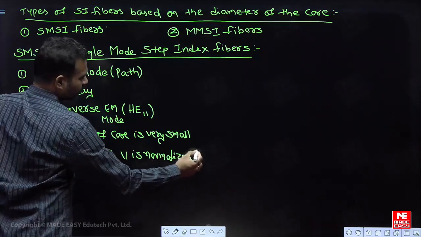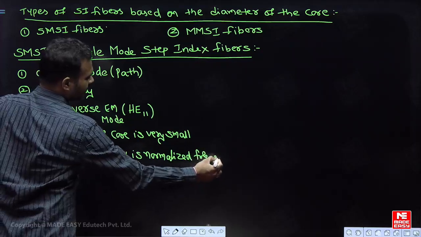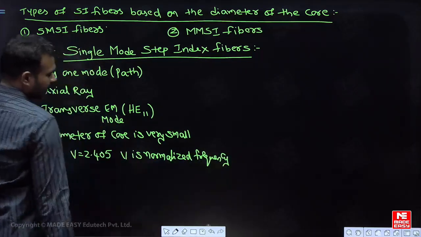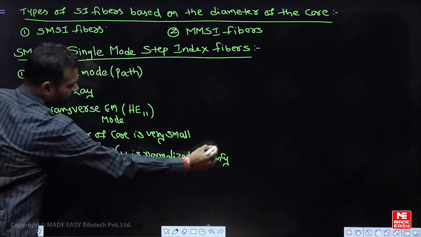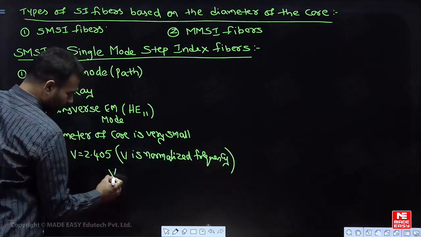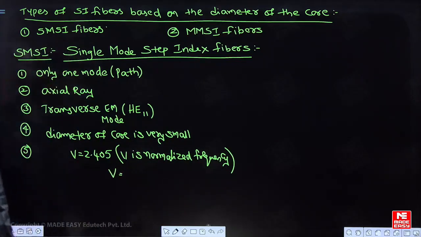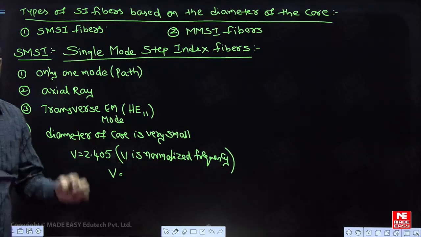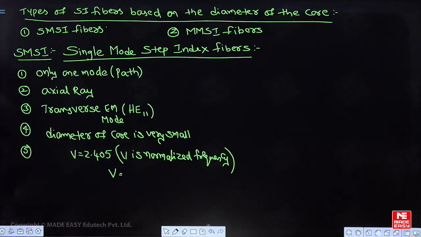V gives the relation between three important parameters of a fiber: the first is the core radius a, the second is delta, and the third is V.